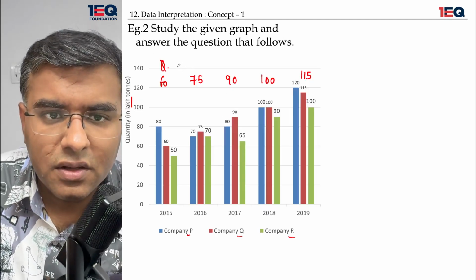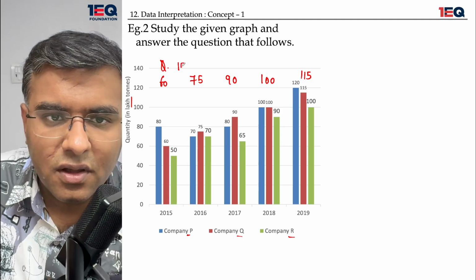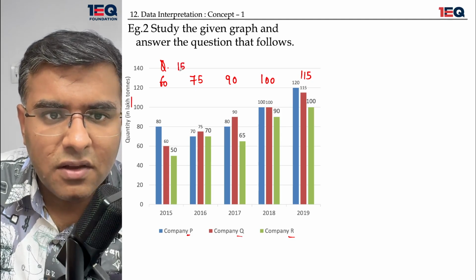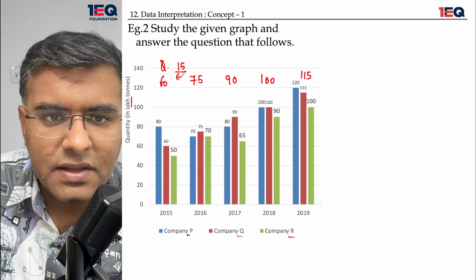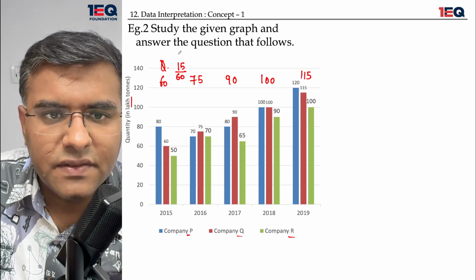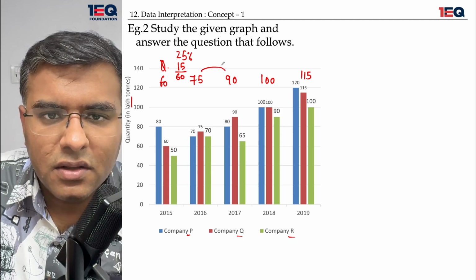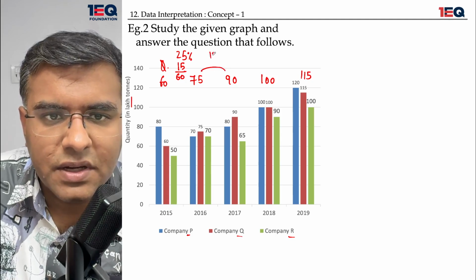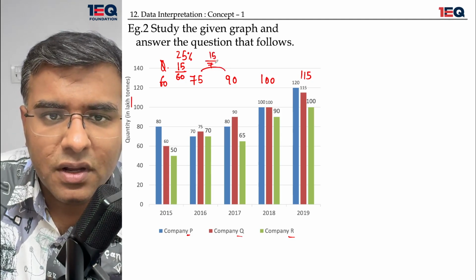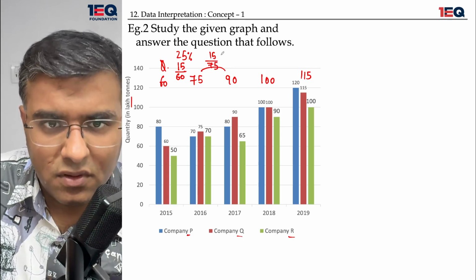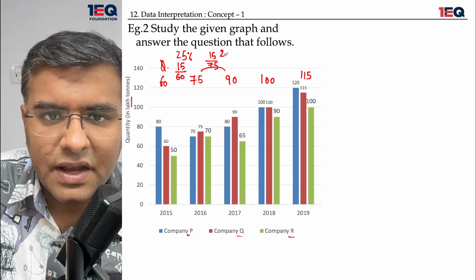So here the growth was that of 15 units. 15 units divided by 60 gives a rise of 25%. Here there was a jump of 15 units over 75 quantities. That gives a rise of 20%.